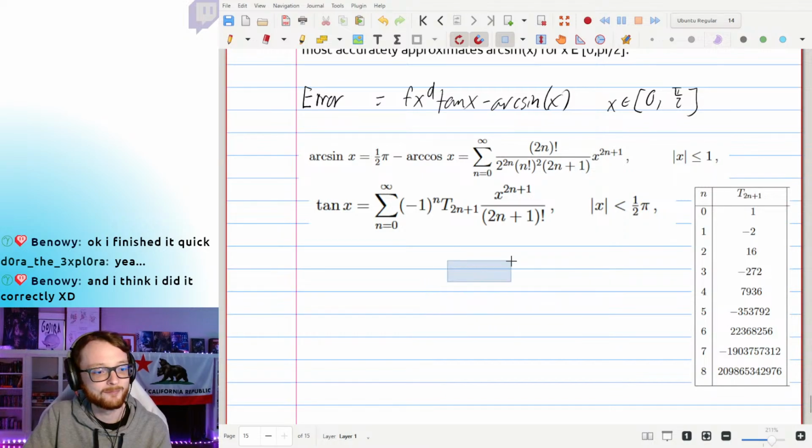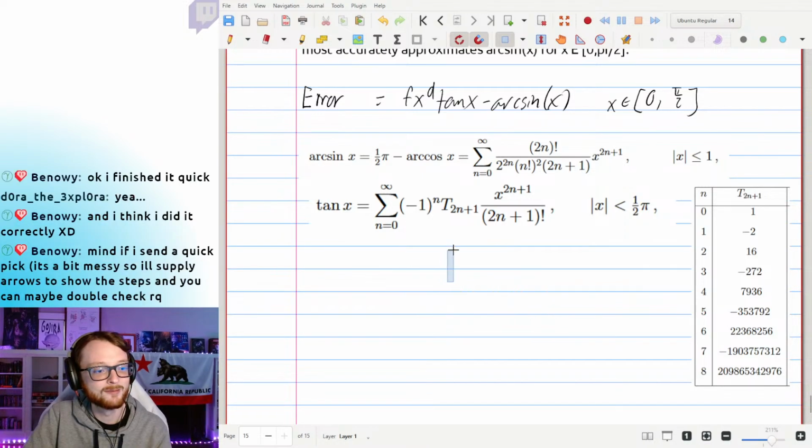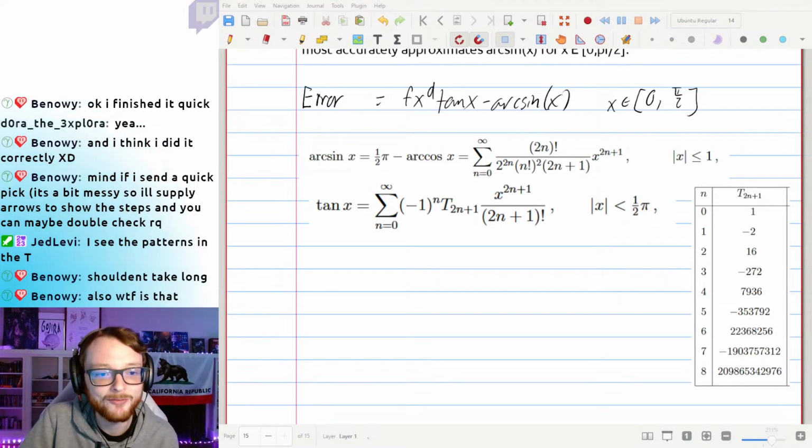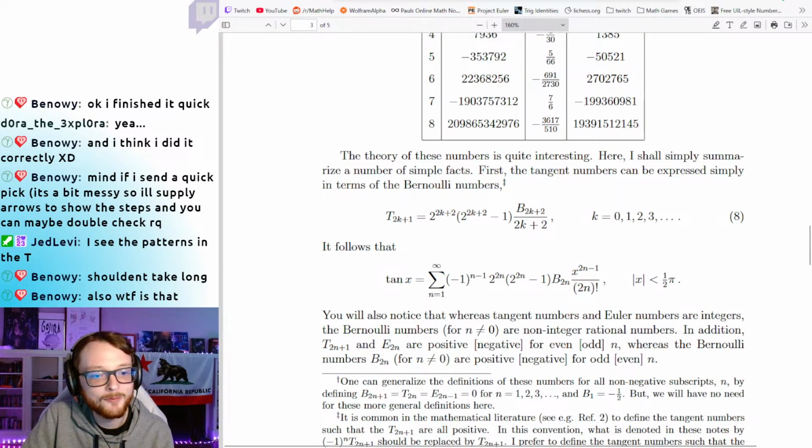Yeah, sure, Ben. It's just disgusting. They're called the tangent numbers apparently in that table. Apparently, this is how they're defined. You see the patterns in the T? You saw that?